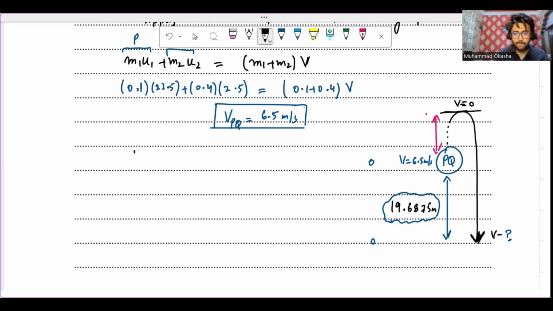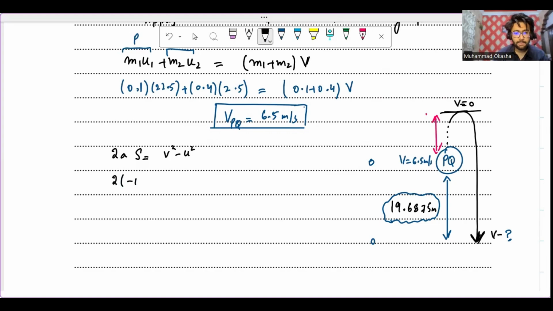And let's work this out. So how far does it go up, which means what will be the S. I'll use 2as equals v squared minus u squared.